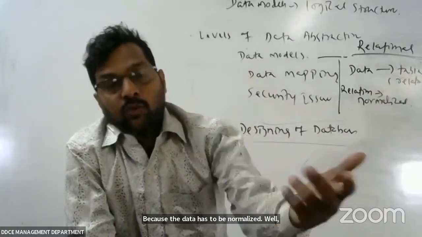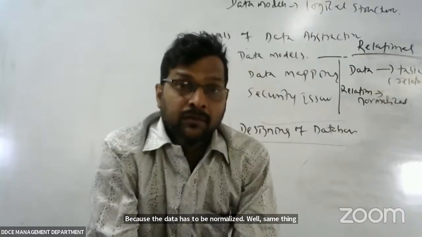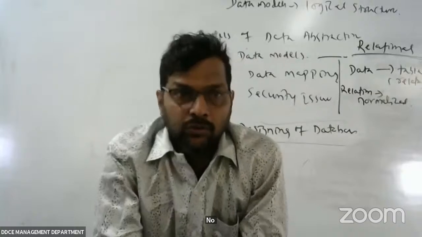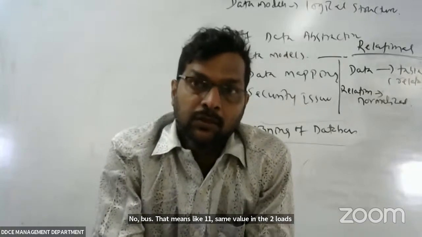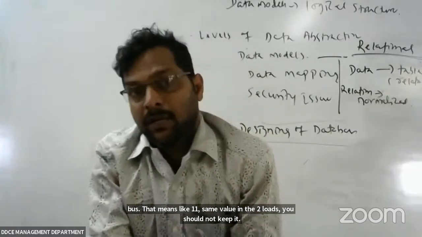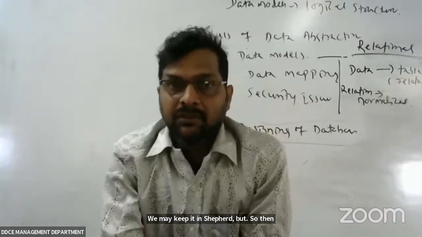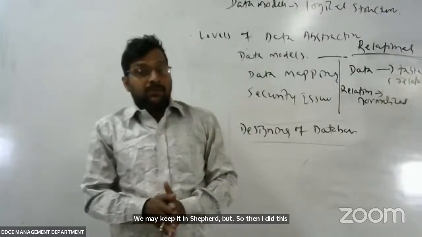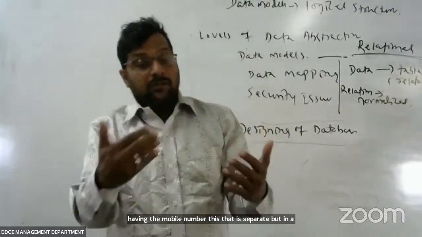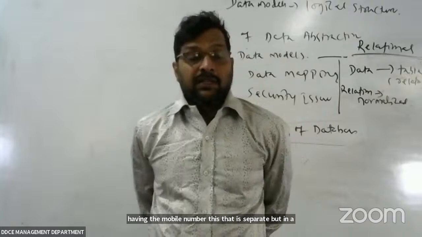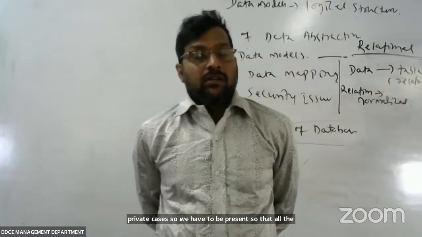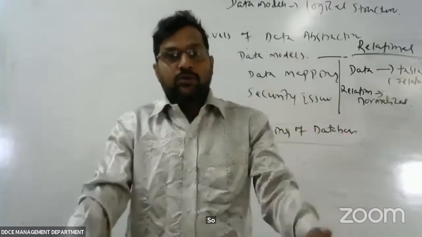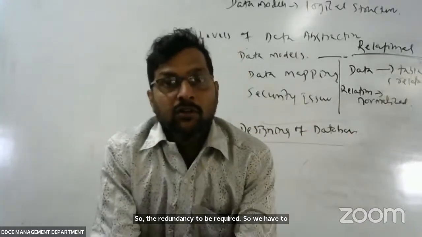Suppose a student has two mobile numbers. Then the same value would be in two rows, which we should not keep. We may keep it in a separate part: student ID with the mobile number, separately. All values should not be repeated, so redundancy has to be reduced and the database brought to a normalized stage.